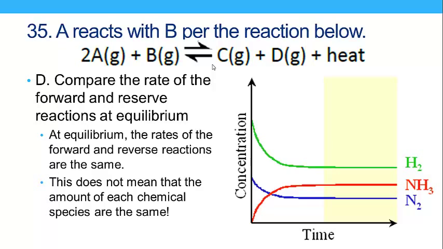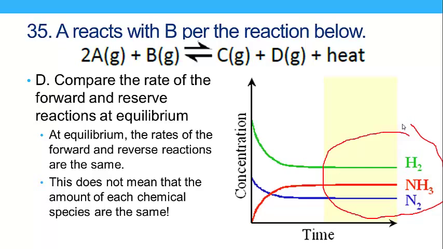Compare the rate of the forward and reverse reactions at equilibrium. So at equilibrium, the rates of the forward and reverse reactions are going to be the same. So that's by definition what equilibrium is. So we know that that has happened whenever we see the amounts of all of the chemicals in the equation staying constant. But this does not mean that the amount of each chemical is going to be the same.